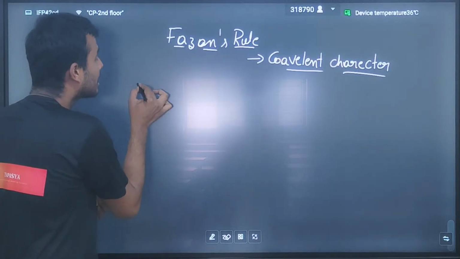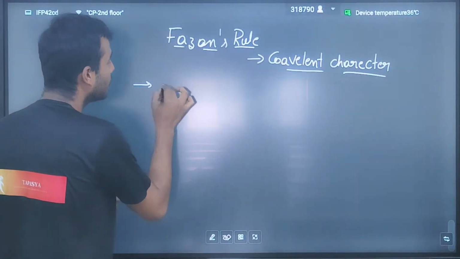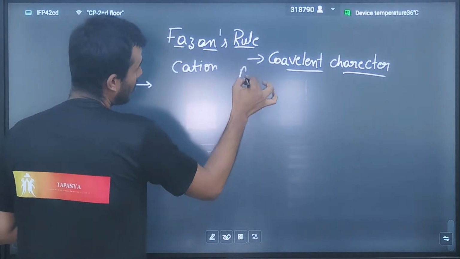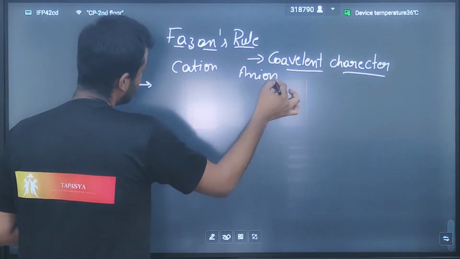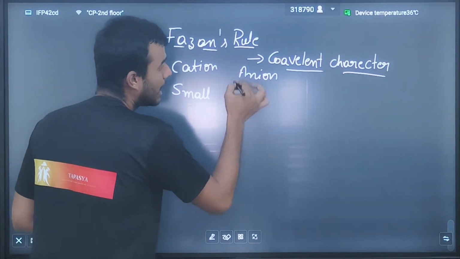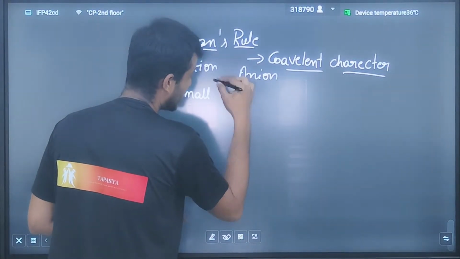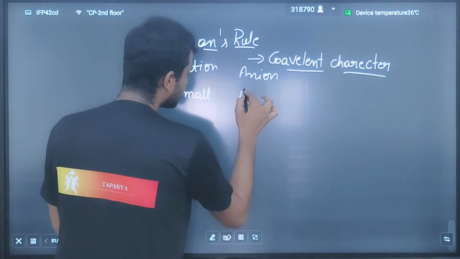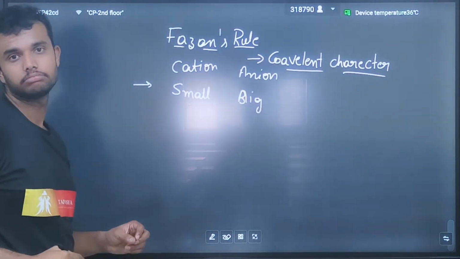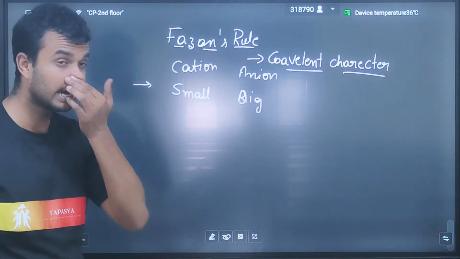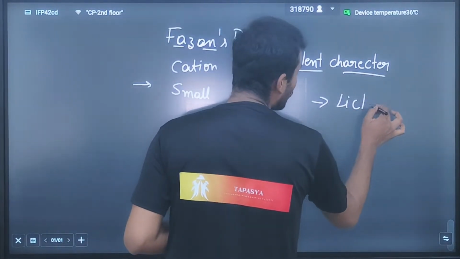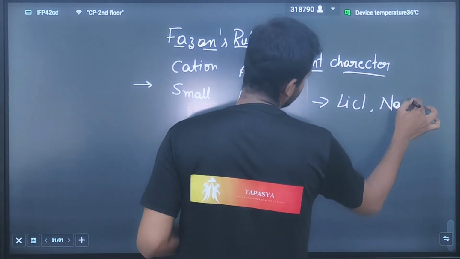What exactly does this rule say, students? If the compound is a combination of a cation and an anion, and the size of the cation is small and the anion is large, it will have more covalent character. For example, LiCl has more covalent character than NaCl.